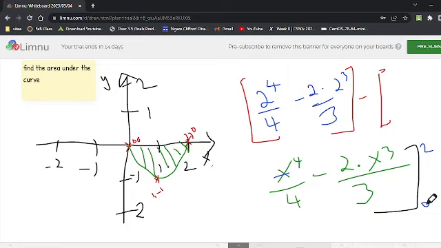Again, we substitute for 0, so it's going to be 0 to the power 4 over 4 minus 2 times 0 cubed over 3.